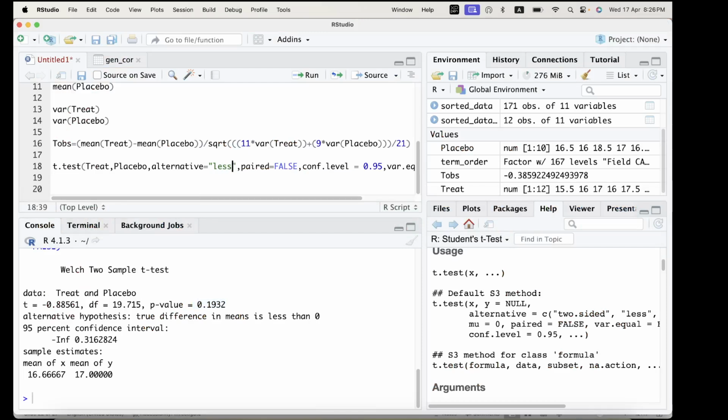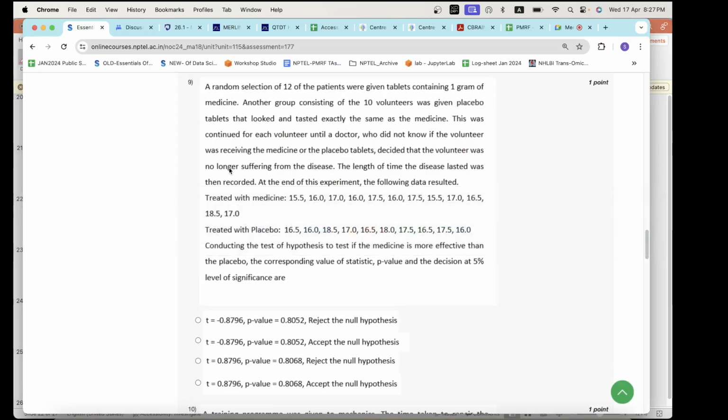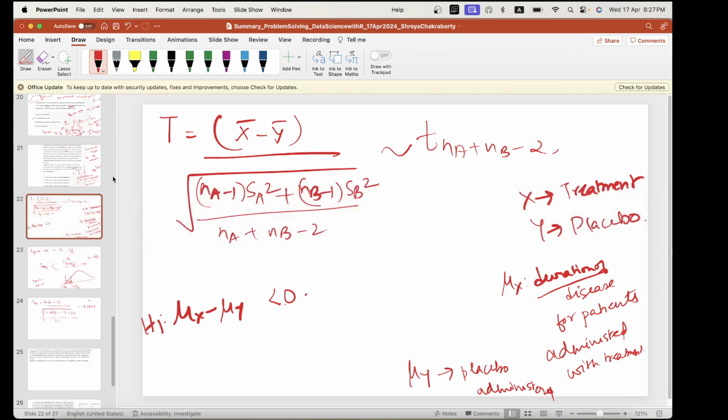If we do alternative, let's say two dot sided. So they are doing a two-sided test. Okay, fine. But why will they do a two-sided test?